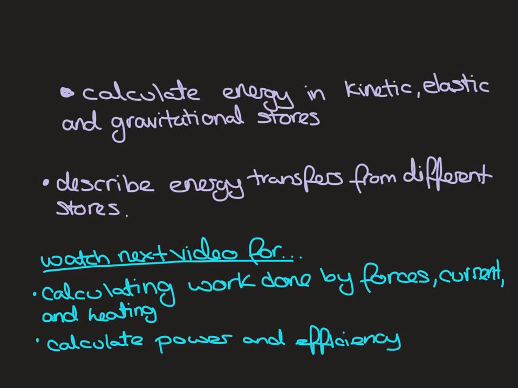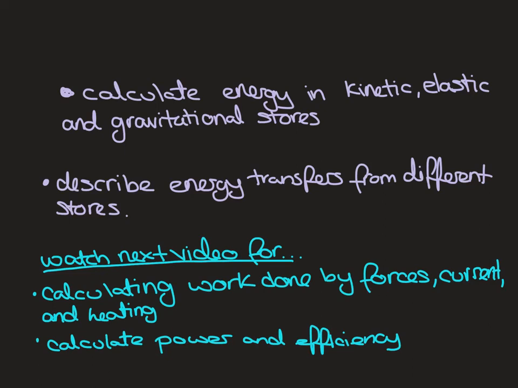In the next video, we are going to be taking this idea of work done a bit further. So rather than just describing the 4 different ways of doing work, we are going to review what we've done so far in the Physics GCSE course and practice calculating the work done for different situations. So we're going to look at how we calculate the work done mechanically by a force.